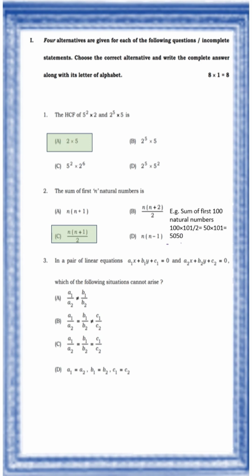For example, you can find the sum of first 100 natural numbers. How? 100 into 101 by 2. Here 2 ones are 2, 50 into 101, that is equal to 5050.